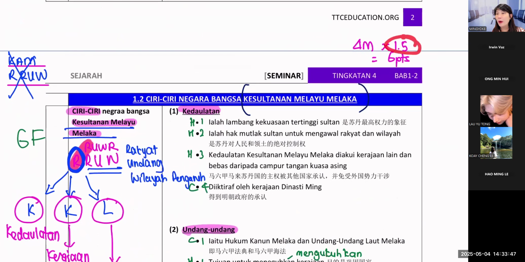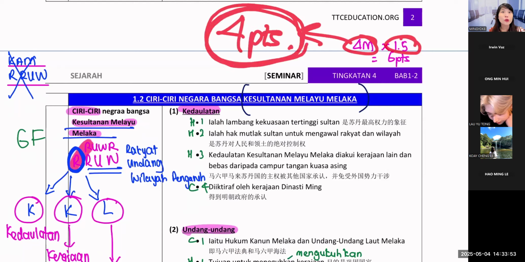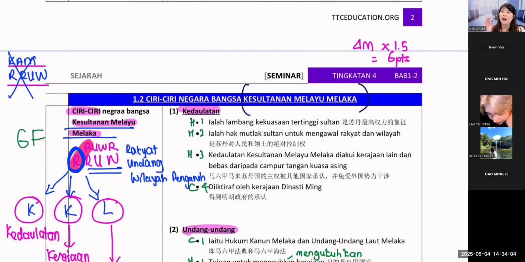Okay, why times 1.5? Because for 4 marks, you should be writing 4 points, right? But I always ask you not to write just 4 points for 4 marks because there may be a mistake. So what you do is you times 1.5. The reason I want you to times 1.5 is to estimate how many points you need according to the marks, so that you don't over give the points.